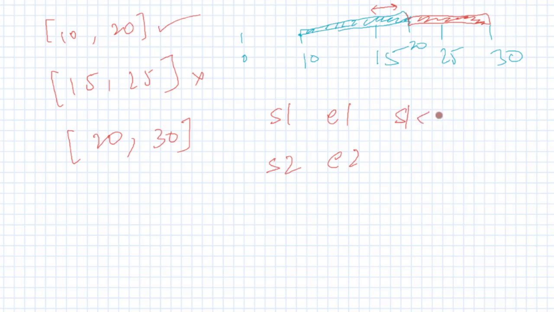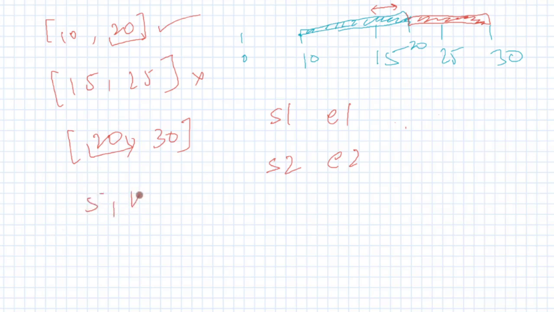We don't want any collision. A collision won't happen if the ending point of the first is less than or equal to the starting point of the second.